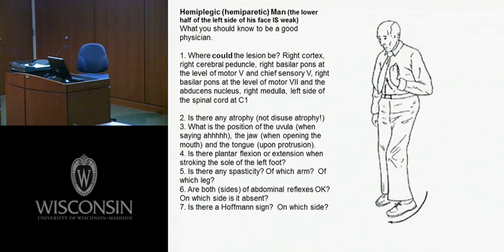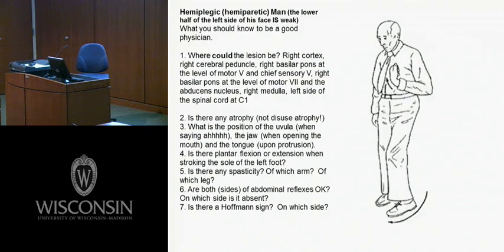Now, I'm also looking there at the position of the uvula. Well, I've just mentioned that if you get those corticobulbars up there in the right cortex or the right cerebral peduncle, the bilateral corticobulbar input to nucleus ambiguus for the uvula and to motor 5 for the jaw, we're not going to have any upper motor neuron deficits.